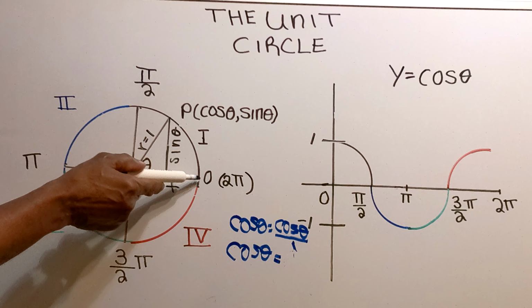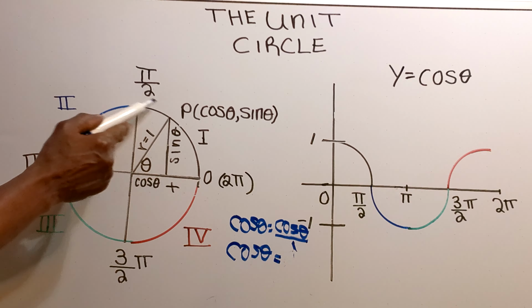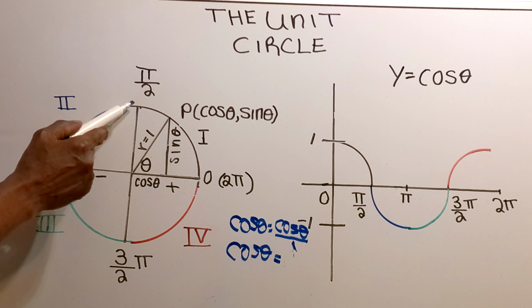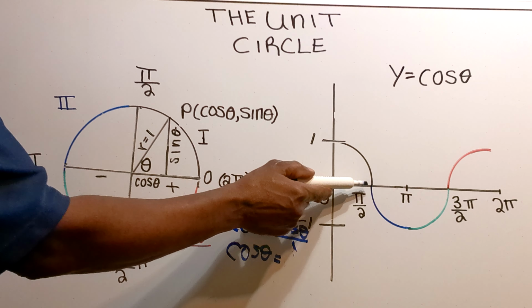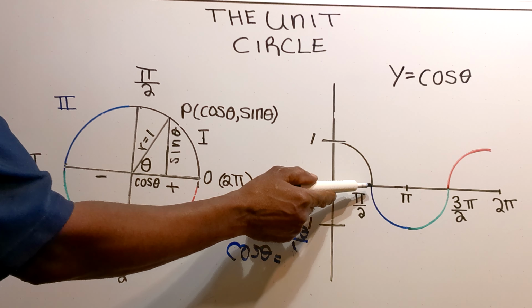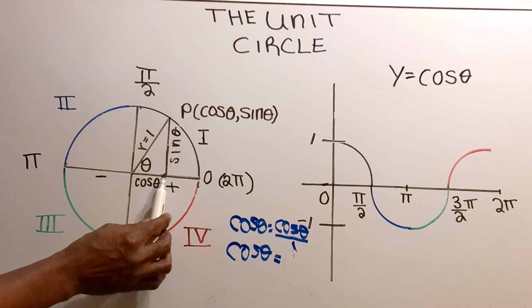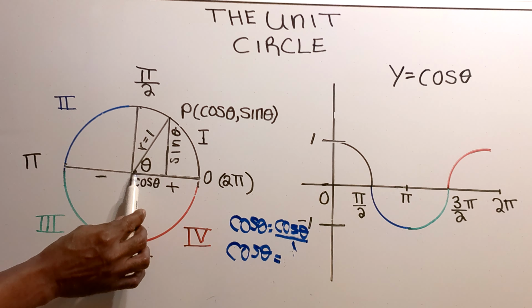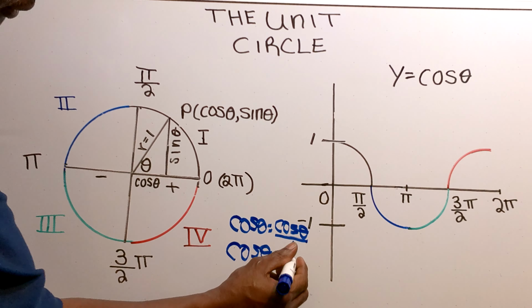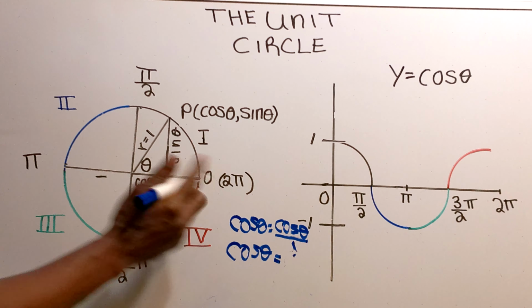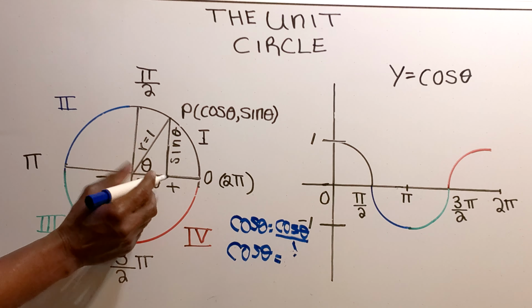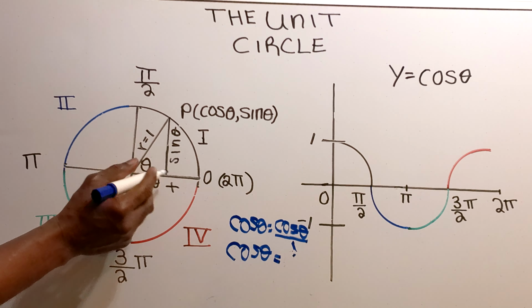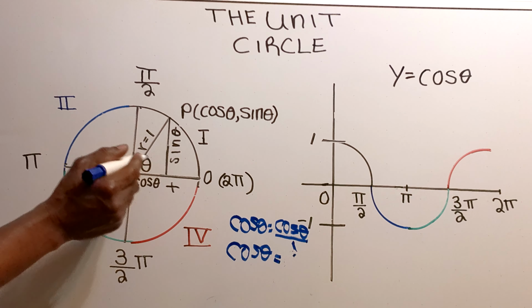Now I'm going to rotate this point through quadrant 1 until we get to 1/2 pi. Now at 1/2 pi, you can see that the cosine equals 0, because this length is now over here.